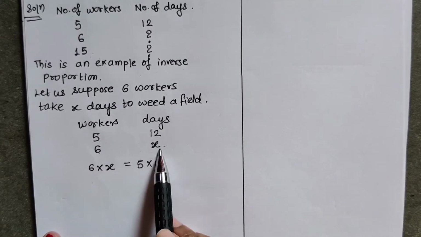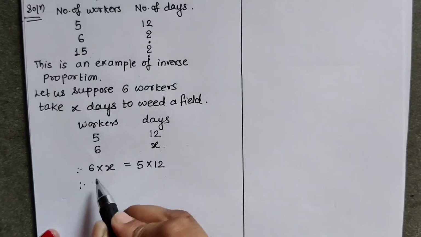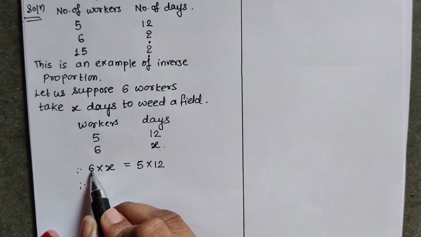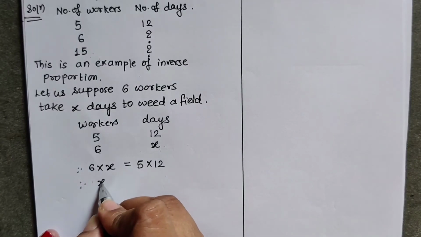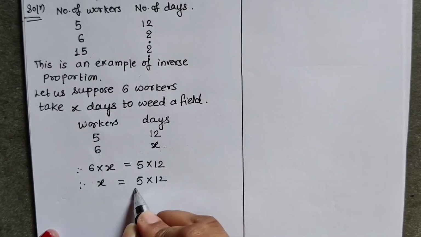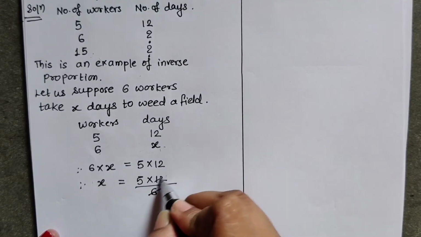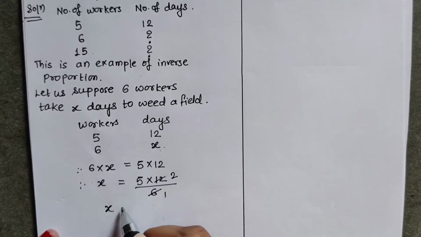So 6 into x is equal to 5 into 12. Now we are going to transfer this 6 from the left hand side to the right hand side. Write x as it is, 5 multiplied by 12, and this 6 will go in the denominator, it will become divided by 6. 6 ones are 6, 6 twos are 12. We get x equal to 5 into 2, x is equal to 10.